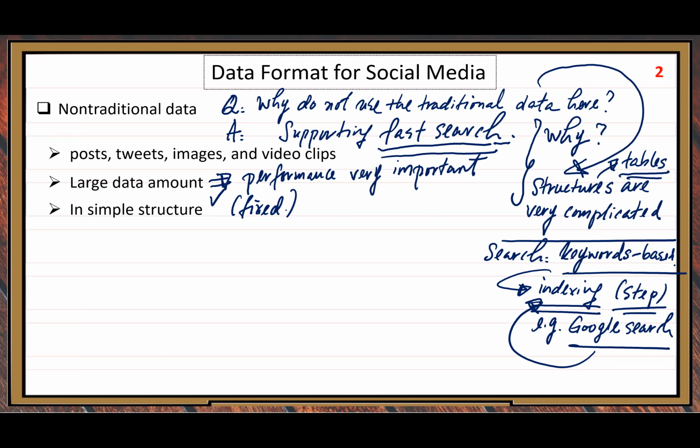It's always that kind of structure. Then a new type of database was developed to support fast search operations on the simple structure. That's the non-traditional data.